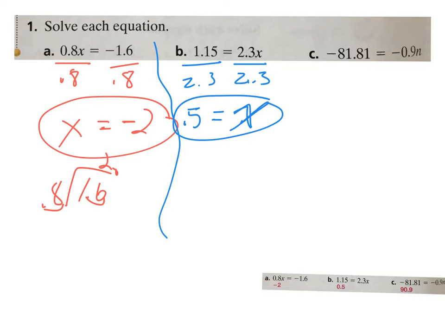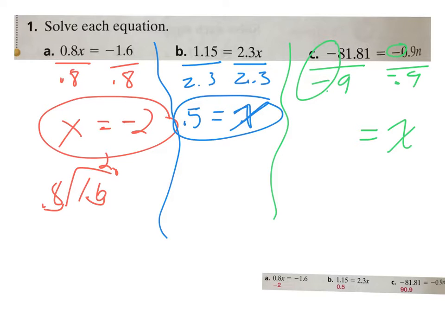And moving along, C. We're going to this time divide both sides by negative 0.9. Notice there's a negative on there. Now that means the answer, by the way, is going to be positive because a negative divided by a negative is positive. And we have that lovely 81.81, right?